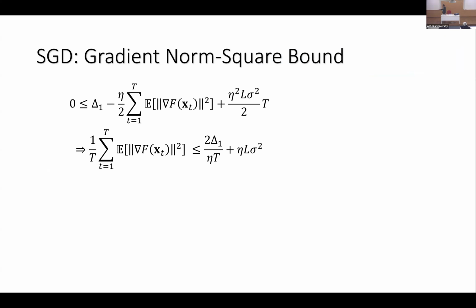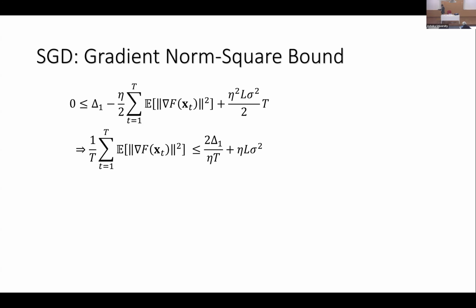One depends on delta 1, which is f(x1) minus f(x*), same as before. The other, eta L sigma squared, is a term depending on the variance, the noise in the data, because of which stochastic gradient descent is different from gradient descent. So the noise part and the initialization-dependent term are both there.